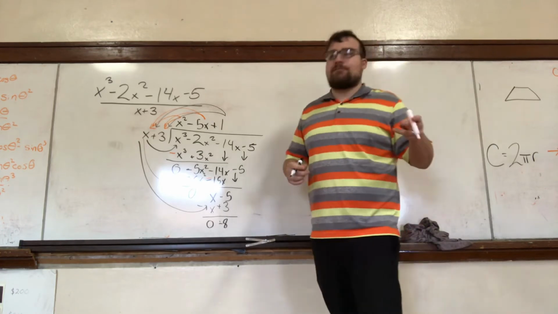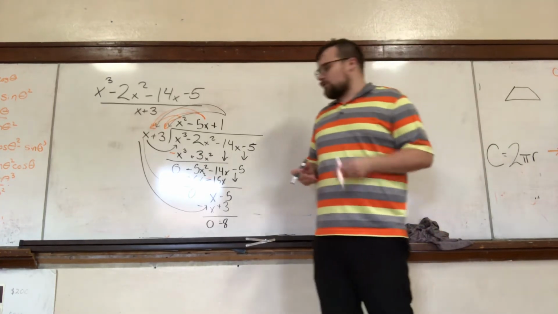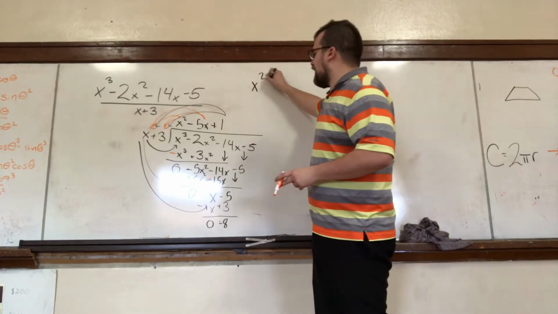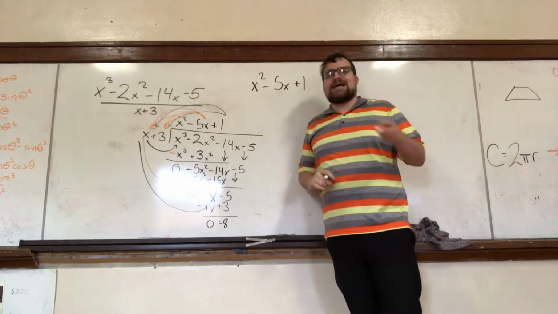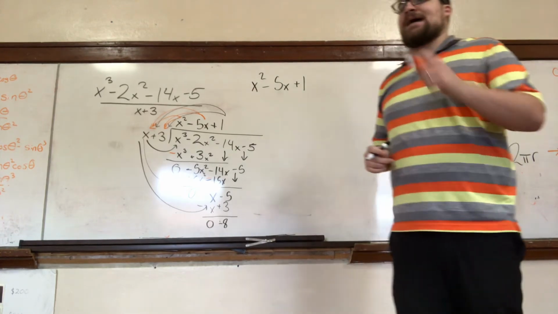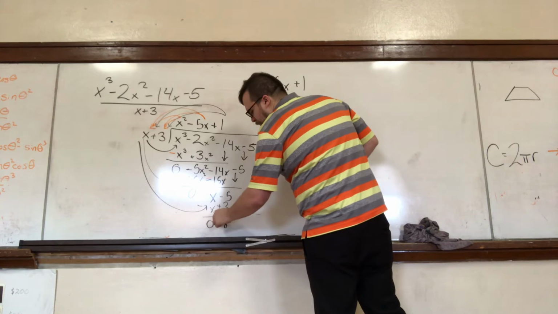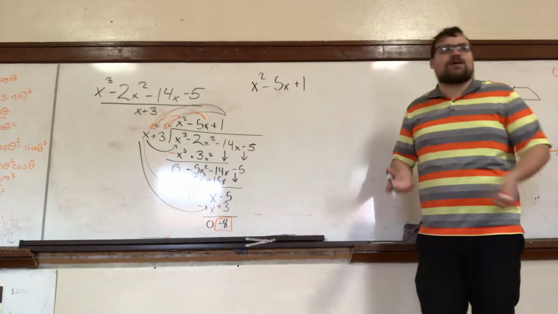I wish we would. What we are going to do is take our answer, x squared minus 5x plus 1, and attach onto that equation what we were unable to divide out. Effectively, we have this little straggler at the end of the problem that can't quite get fixed.